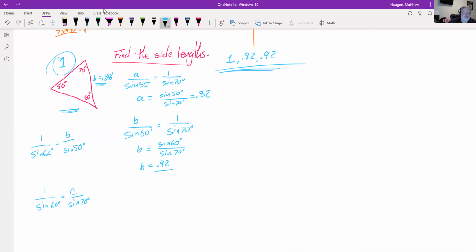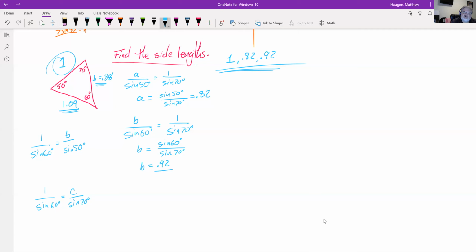I had misplaced a parenthesis. And then the sine 70 divided by sine 60. And change that to 70. So 1.09 roughly.